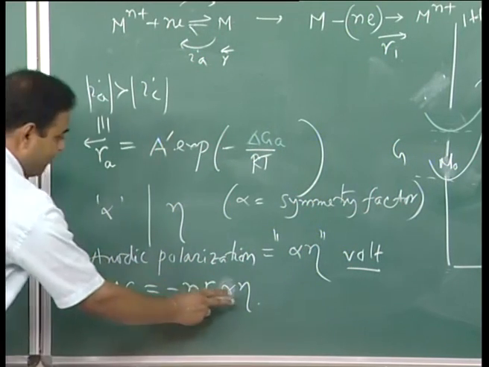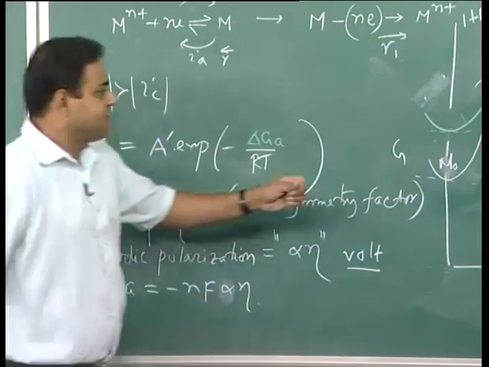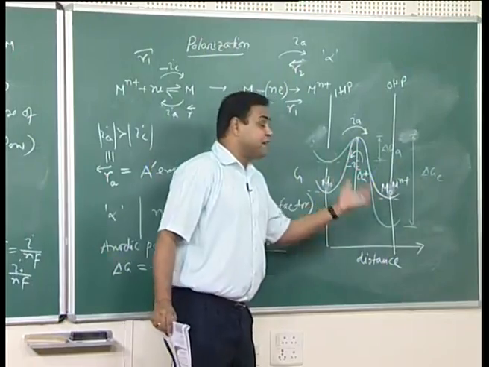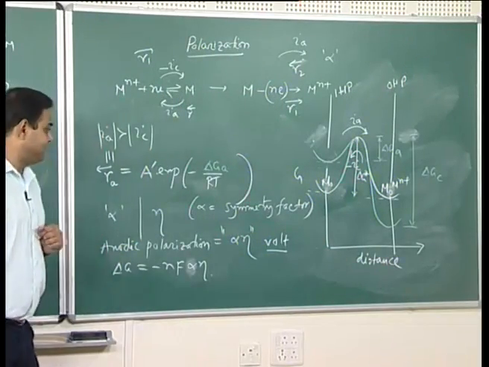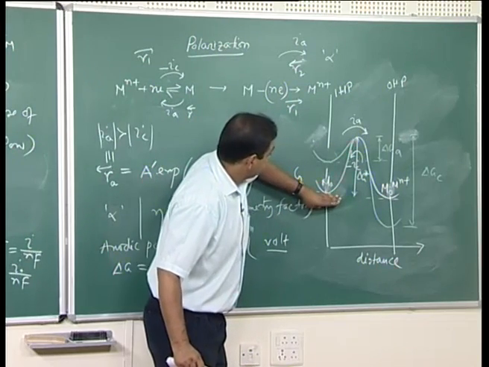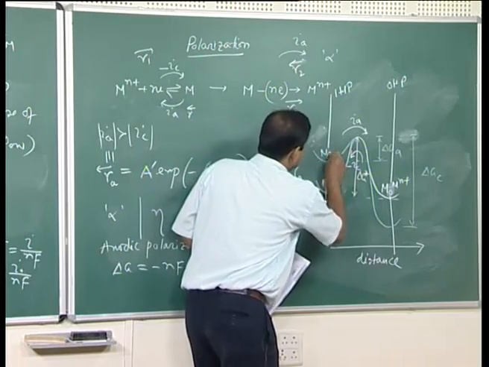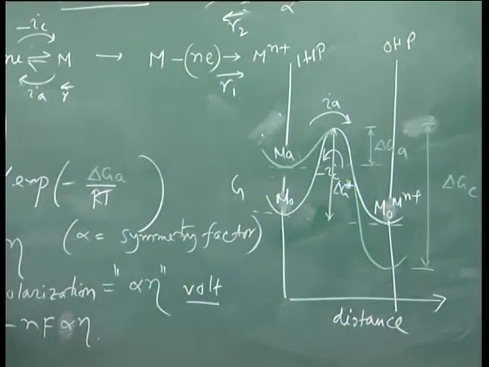So, my free energy change would be this, and now let us see whether the free energy change is positive or negative. Here I lift the potential of this M0 to, let me put it as MA, which is in the activated condition or anodic polarized condition.